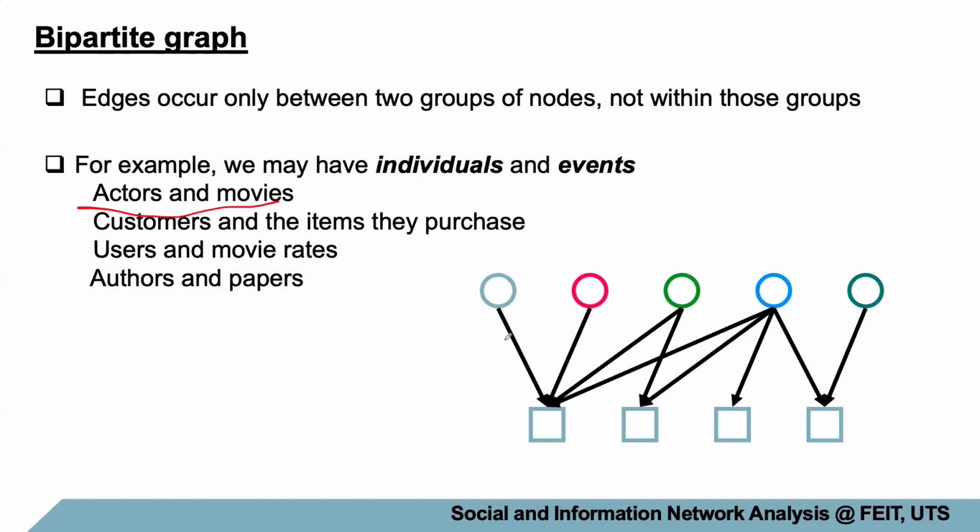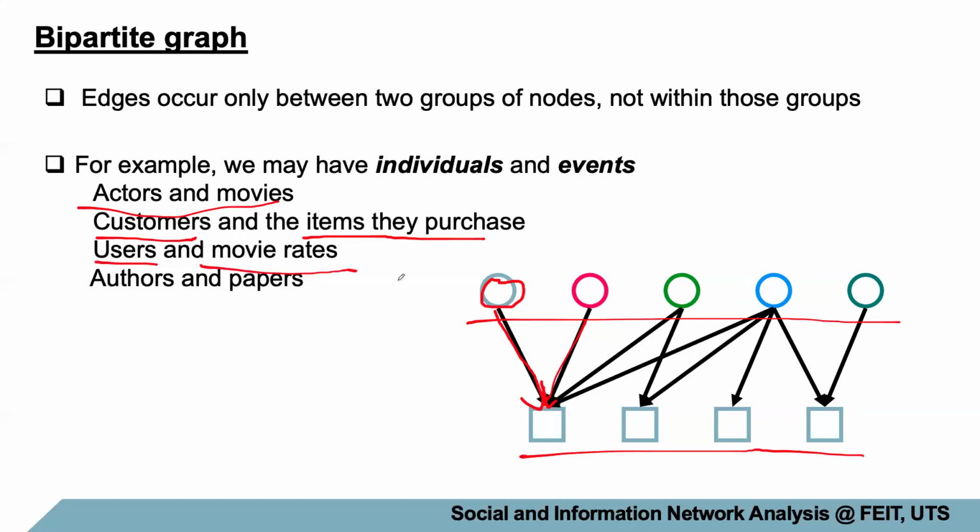An edge exists between an actor and a movie if the actor appears in the movie. Another example is customers and the items they purchase. One set can be the customers, another set can be the items. Also users and movie ratings.